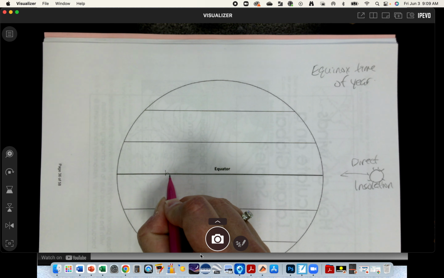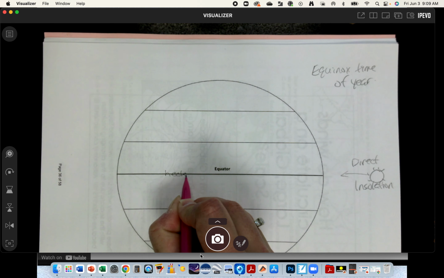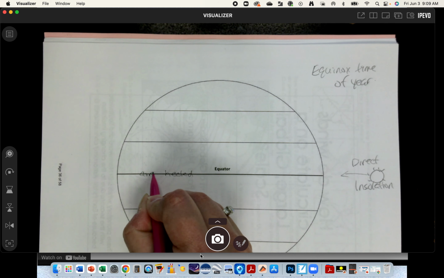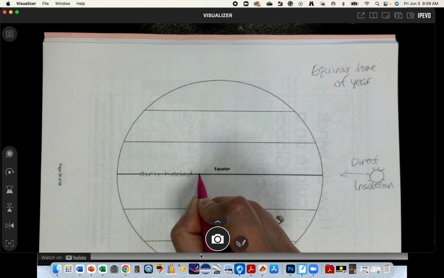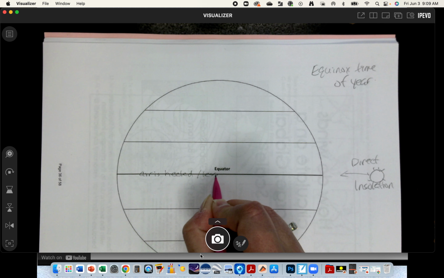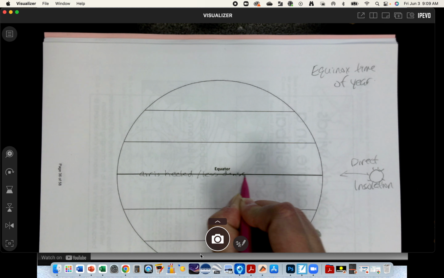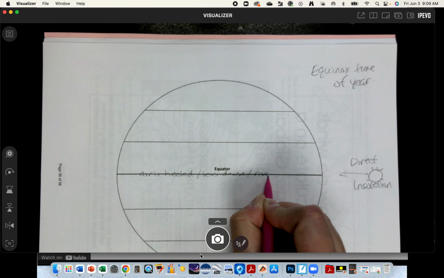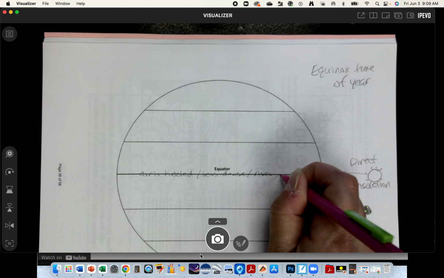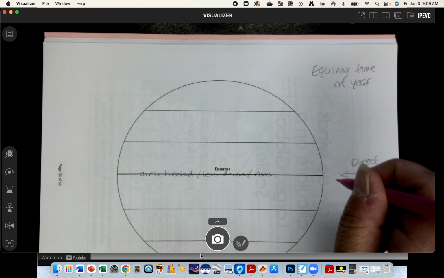So at the equator, the air gets heated, becomes less dense, and rises, okay? And as the air is rising, something needs to take its place.